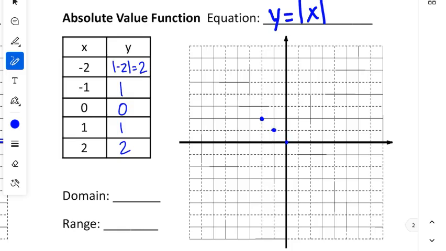So negative 2, 2. Negative 1, 1. 0, 0. 1, 1. 2, 2. What this one makes is actually a V. So absolute value has the bars, which make a V.